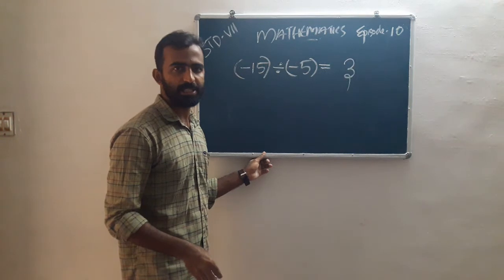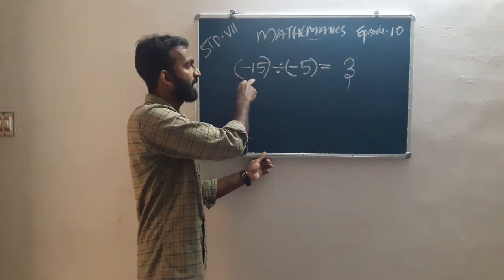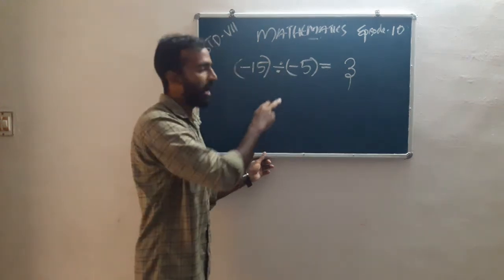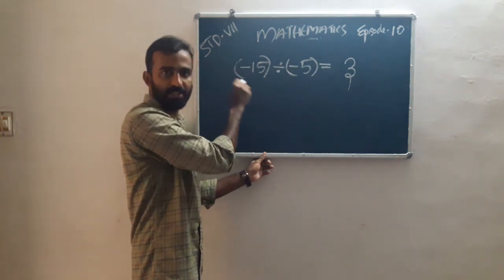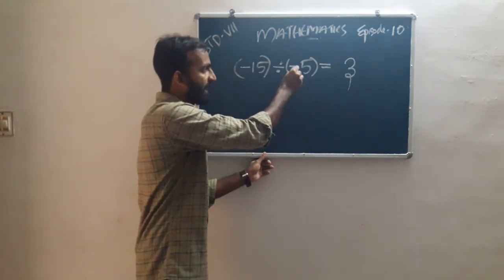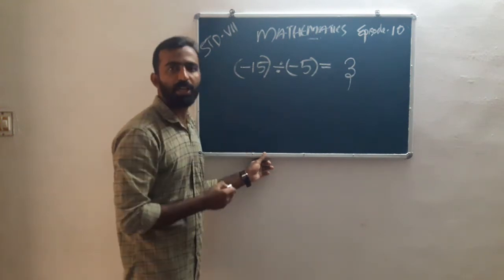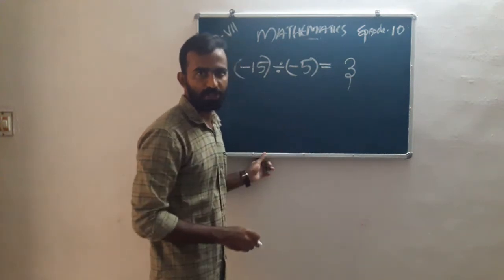Is it? Yes, because here negative 15 is a negative integer and negative 5 is also a negative integer. When we divide two negative integers, we get a positive integer. 3 is a positive integer.